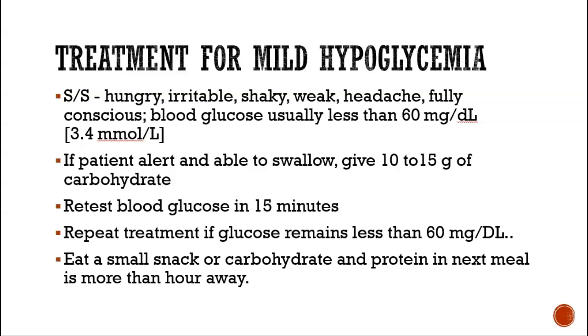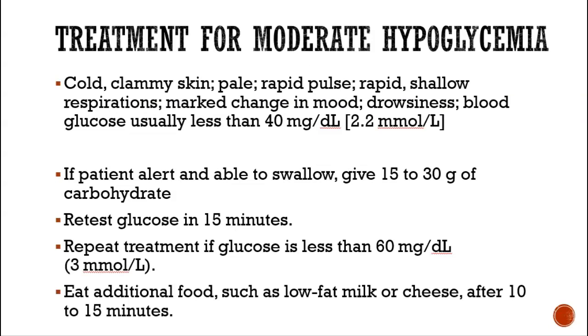of reference with that. If your patient has moderate hypoglycemia, you may see cold, clammy skin, pale, rapid pulse, rapid, shallow respirations, and a marked change in mood, including drowsiness, and the blood glucose is usually less than 40. If your patient is still alert enough and able to swallow and cooperative, give them 15 to 30 grams of carbohydrates.